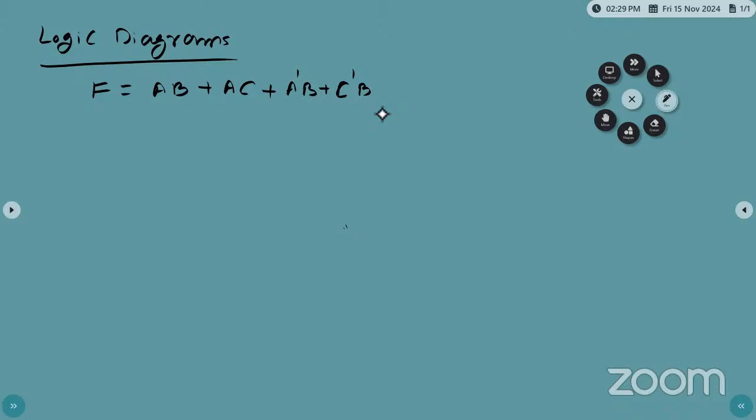We need to draw the logic circuit using AOI gates. How many variables are there? 3 variables. Now we can take the 3 variables A, B, C. What is the first expression? AB.